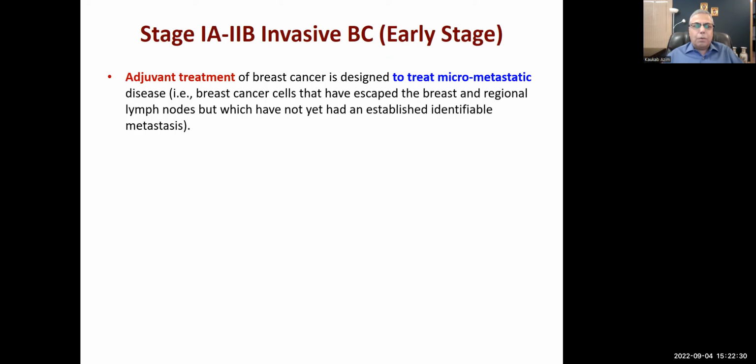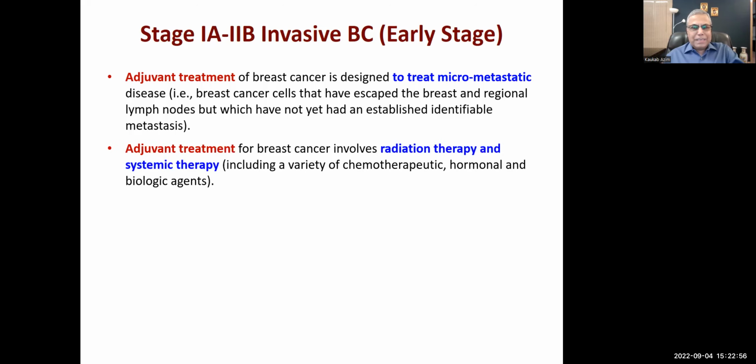And these days, one of the methods of diagnosing cancers is to find these cancer cells in the blood, okay? So the purpose of adjuvant therapy, which is therapy given after the surgery is done, is to eliminate micrometastatic cancer cells, okay? The cancer cells that might be somewhere else in the body.